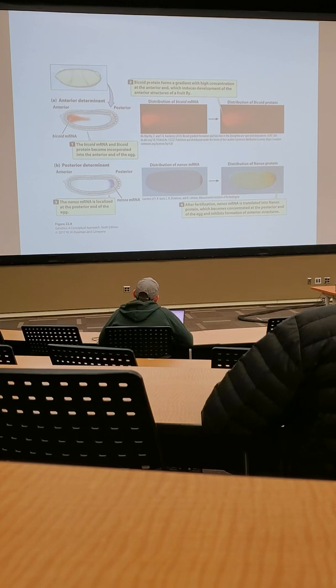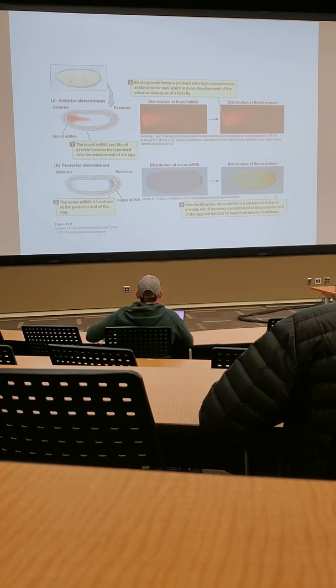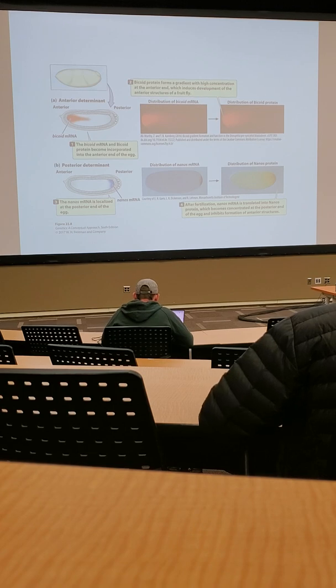So bicoid is important, it has a gradient. High expression in the anterior, and then it tails off. But the absence of bicoid doesn't give you posterior. So I'm just going to try to write that.